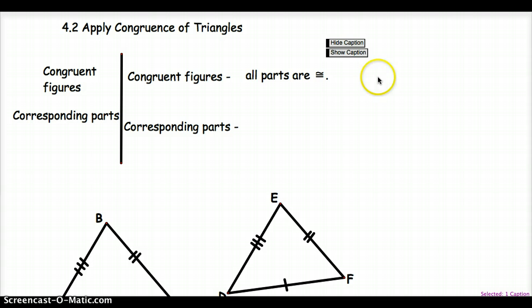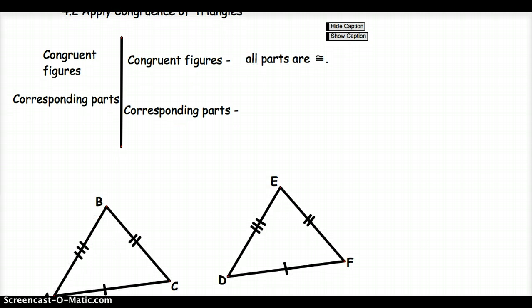When we're talking about a triangle, we're talking about their sides, and we're talking about their angles, so like angle D here, angle E, and angle F. So we're talking about 6 total parts, 3 angles, 3 sides. We're not talking about the vertices that are included with triangles, just the 3 angles and the 3 sides. So if all 3 of those are congruent, like what we see here in our triangles below, then you're going to see congruent triangles.